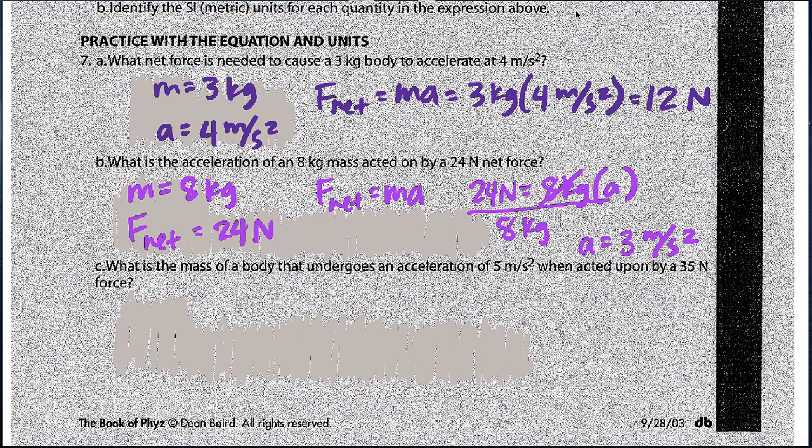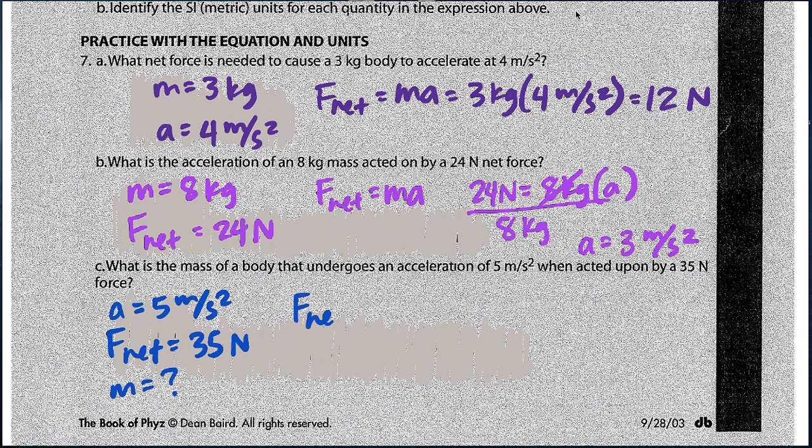And then last but not least, we have c, what is the mass of a body that undergoes an acceleration of 5 meters per second squared, so that's our a, when acted on by a 35 newton force, so F net is 35 newtons, and we want to know the mass. Okay, so we have our same equation.